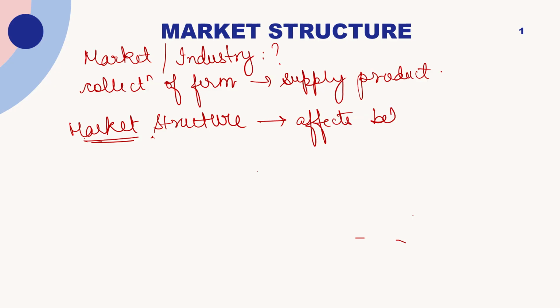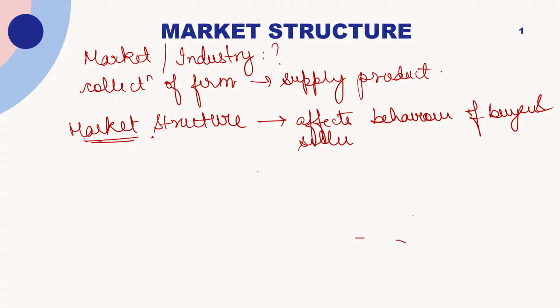Market structure can depend on the number and size of sellers and buyers, the type of product, the conditions of entry and exit into the market, or the transparency of information between the buyer and the seller.